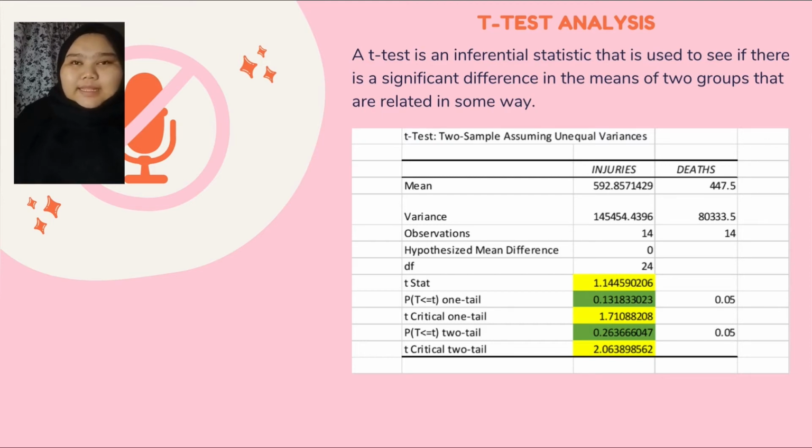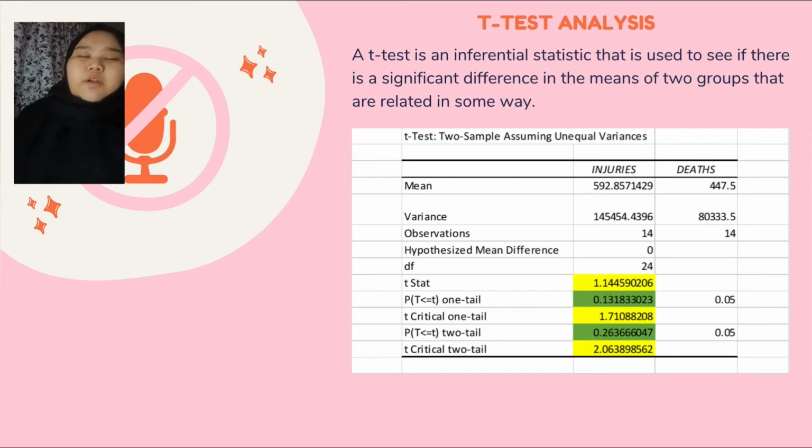Based on the t-test analysis, the mean for the number of injuries is 592.86, while the mean for the number of deaths is 447.5. Next, the variance for injuries is 65,120.93, higher than the variance of deaths, when the variances of deaths and injuries were recorded respectively as 14,545.44 and 80,333.5.